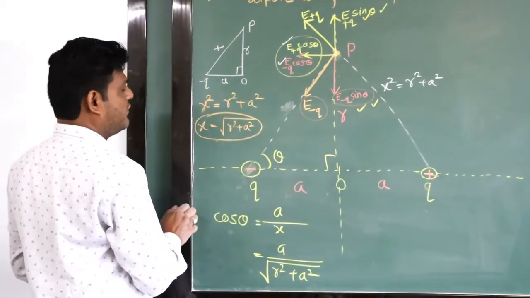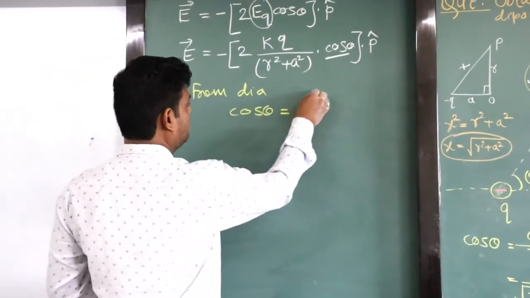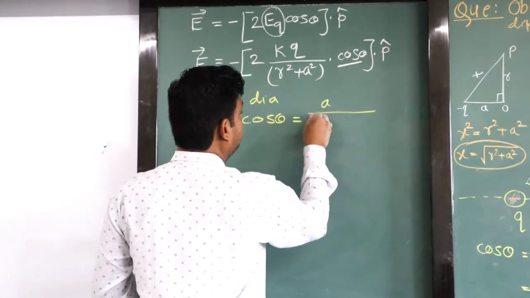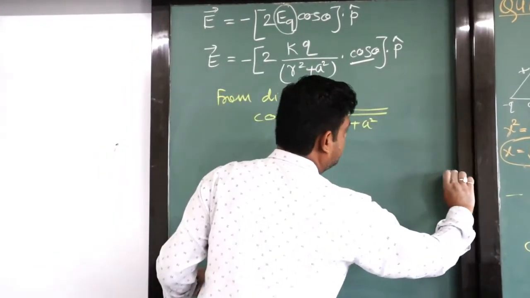So cos theta equals A divided by under root R square plus A square, right?